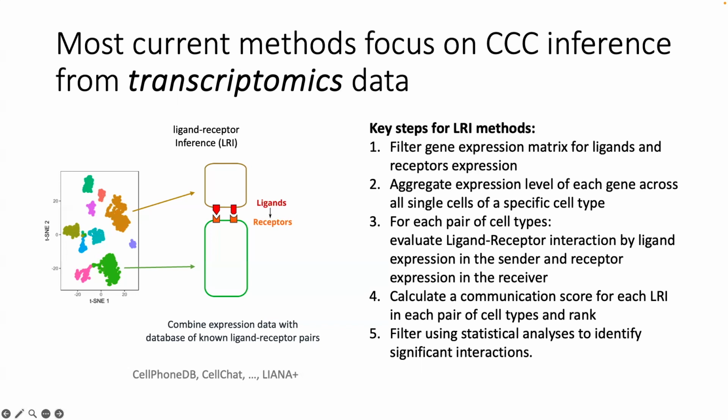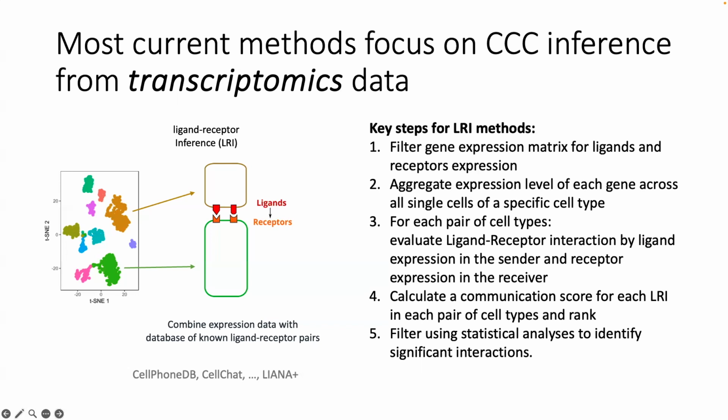And that's because all the tools are differing in the databases they use for ligands and receptors, the way the communication score is calculated, the filtering they're applying, even the statistical tests they're applying afterwards to filter out only the relevant ligand receptor interactions. But that's basically the basic ingredients for methods that look at ligand receptor interactions.